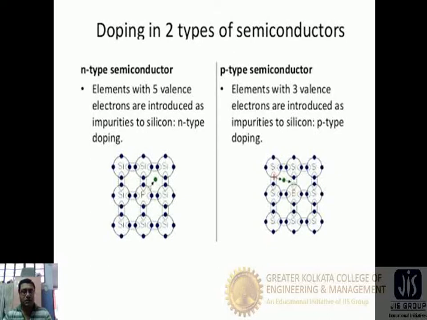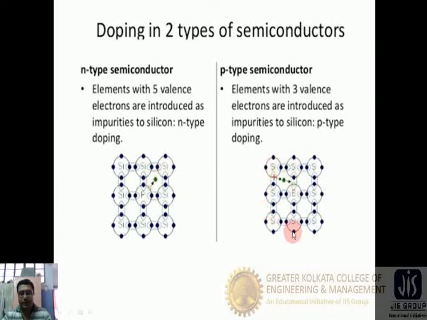Elements with 3 valence electrons introduced as impurity to pure silicon is known as p-type doping. Here we can see in n-type, phosphorus impurity is added to a pure silicon structure where 4 electrons are shared and 1 electron is not shared and is free.